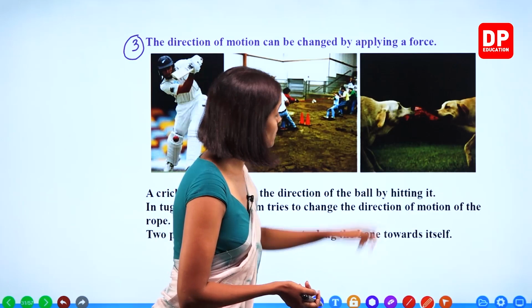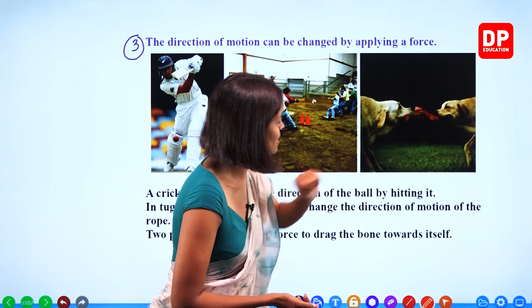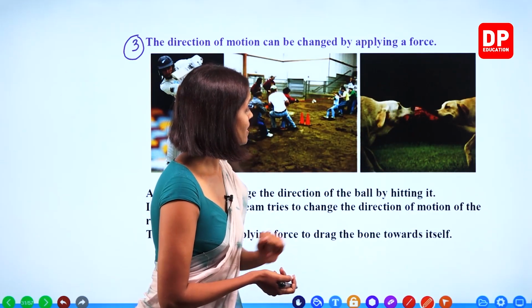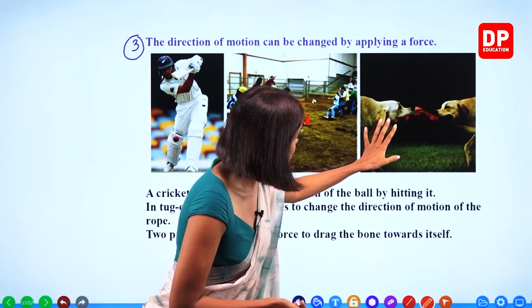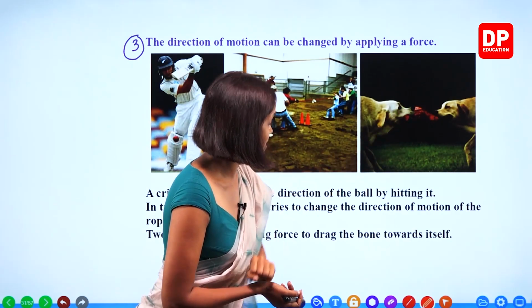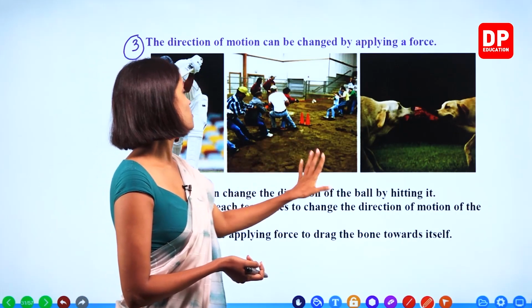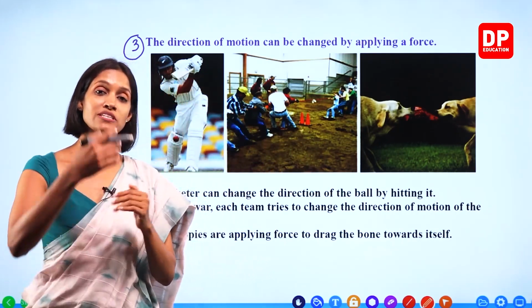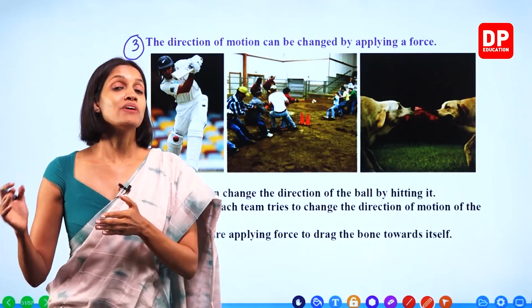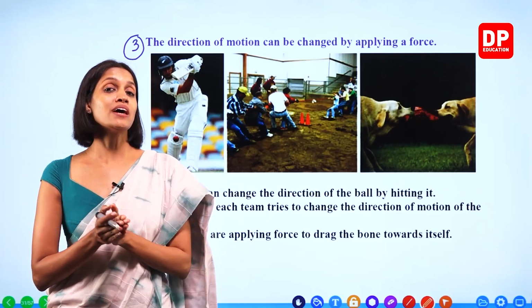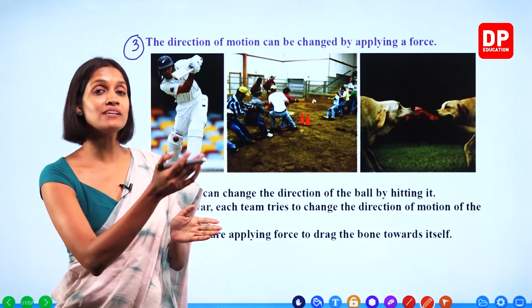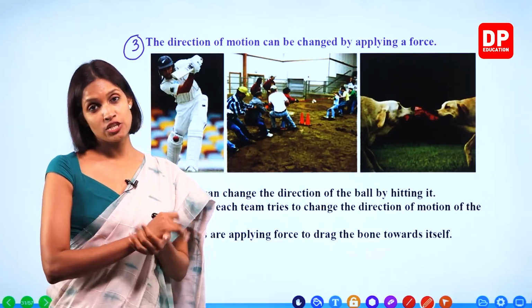Children, the same thing happens here also. Two dogs are fighting for the same thing. A cricketer can change the direction of the ball by hitting it. The ball is coming towards him. When he bats, what happens? Using the bat, he can hit the ball and send it in a different direction.